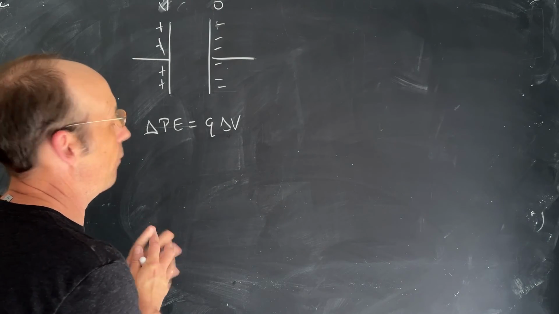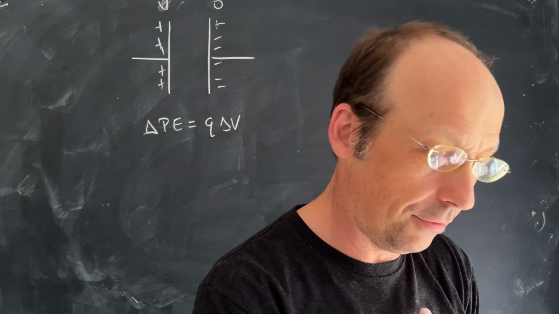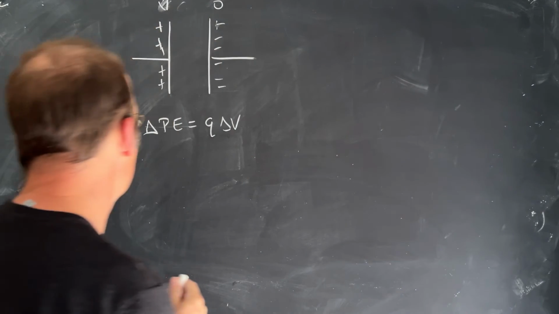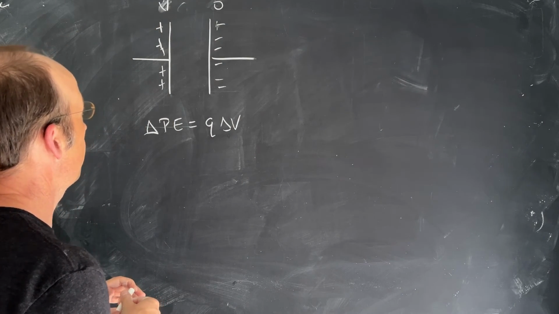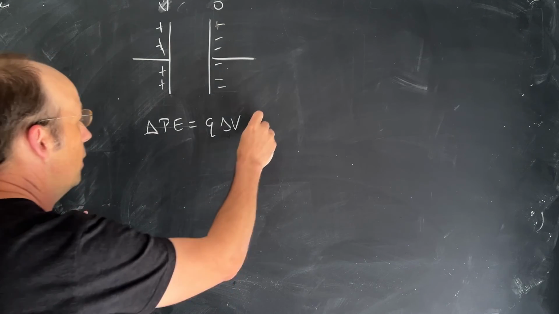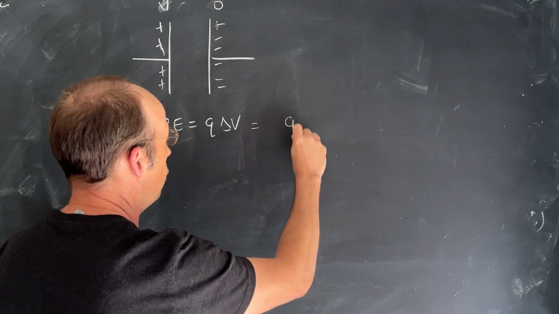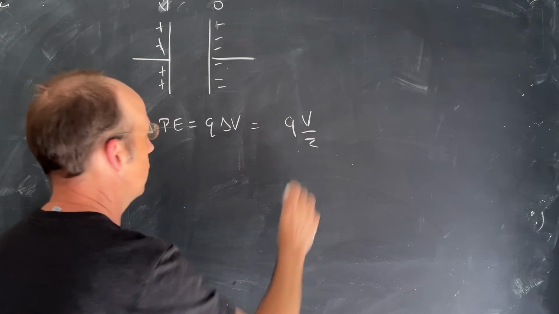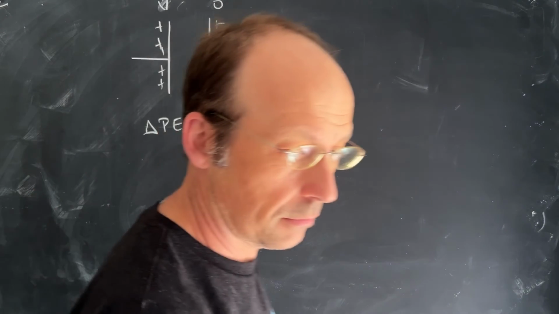I'm not really happy with that explanation. Why did I do that? Let's see. Delta V is half of V because the potential is not constant. That's why. Okay, so we can write this as QV over 2. That's the change in potential energy.